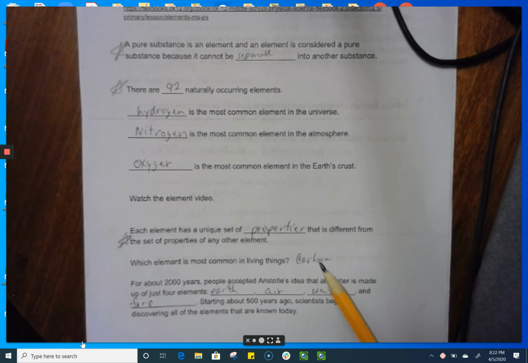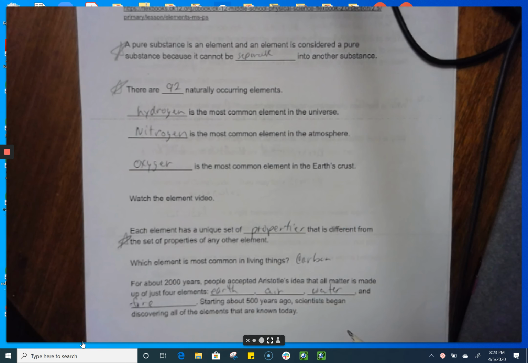So with elements, remember that the elements are listed in the periodic table, and there are boxes on the periodic table. Each box represents one element, and an element is different from all the other elements because of the number of protons.